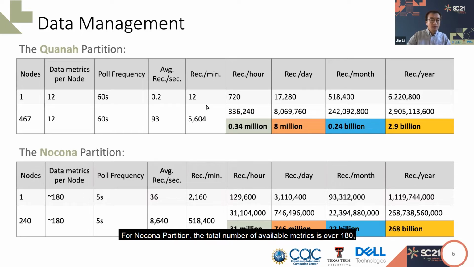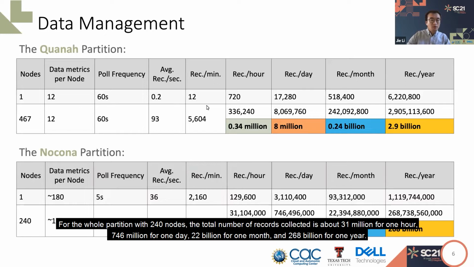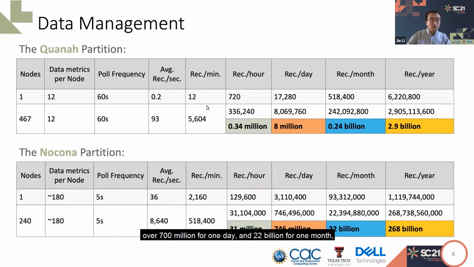For the Nocona partition, the total number of available metrics is over 180, and the pull frequency is more granular, which is 5 seconds. For the whole partition with 240 nodes, the total number of records collected is about 31 million for 1 hour, over 700 million for 1 day, 22 billion for 1 month, and over 268 billion for 1 year.